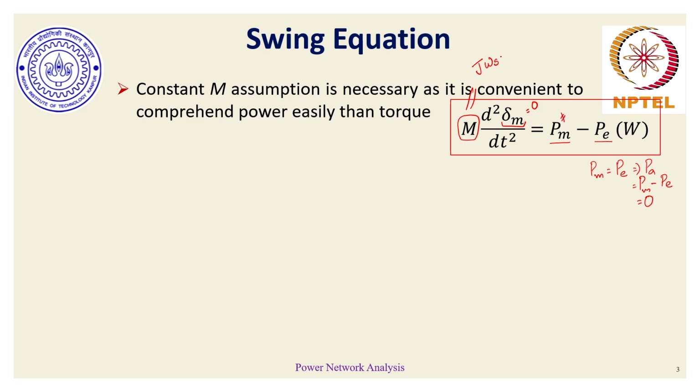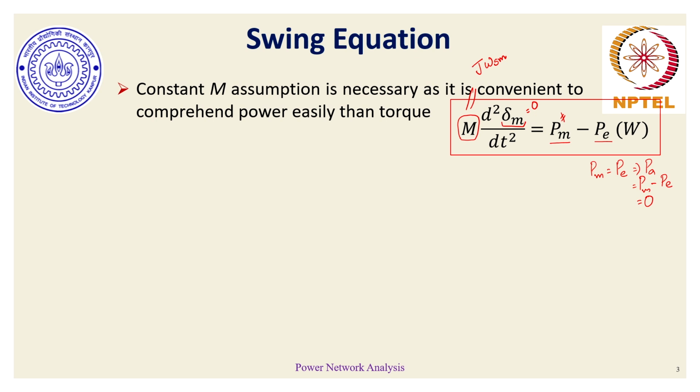Additionally, we defined the angular momentum term M, which is the product of J, the moment of inertia of the rotor and turbine combined, multiplied with omega S, the rotor speed. We assumed this M to be a constant quantity, so M is equal to J omega Sm, where omega Sm is the mechanical synchronous speed of the generator, which is constant for a given frequency and number of poles.